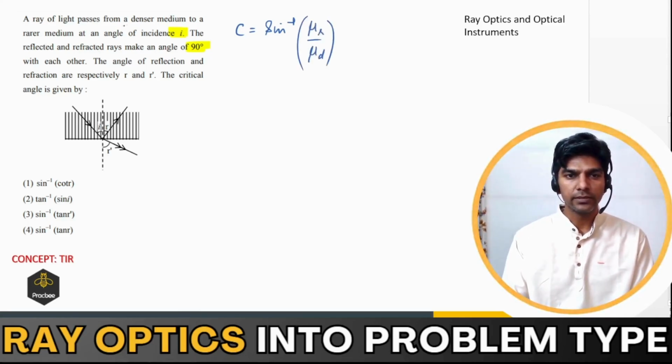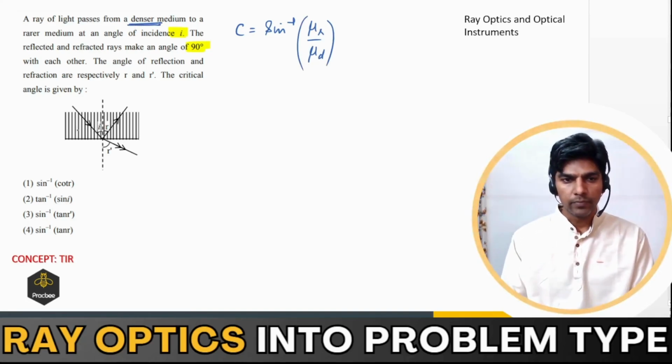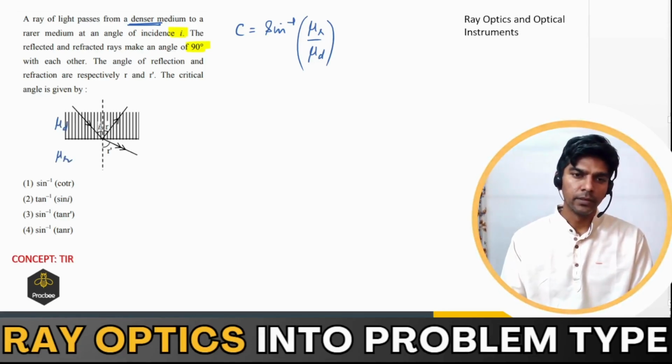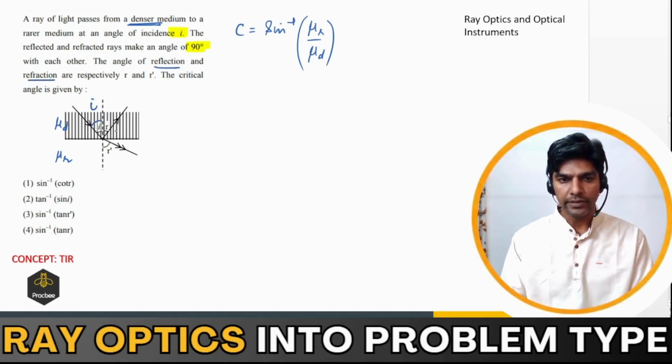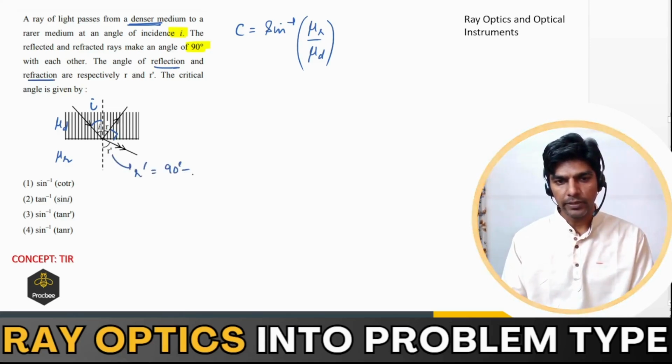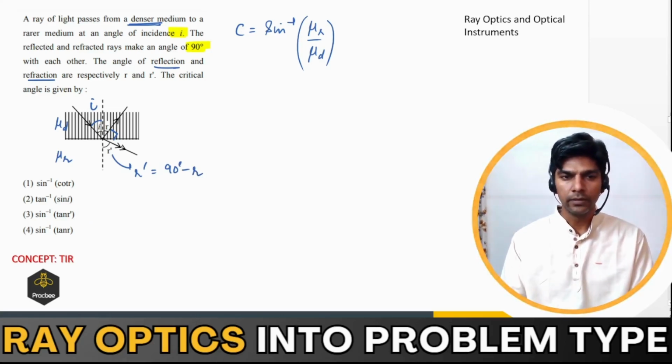Now in this case, a ray of light is going from a denser to a rarer, so this will be the critical angle. So let us say this is mu d and this is mu r, and this angle is i, and we have given the angle between the reflected and the refracted ray is 90 degrees, so this angle is 90. So this r prime is nothing but 90 minus r, right?